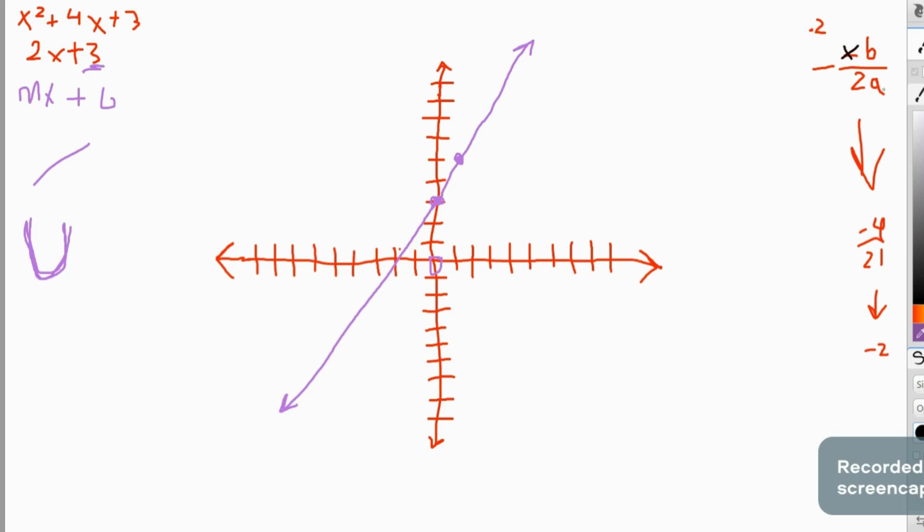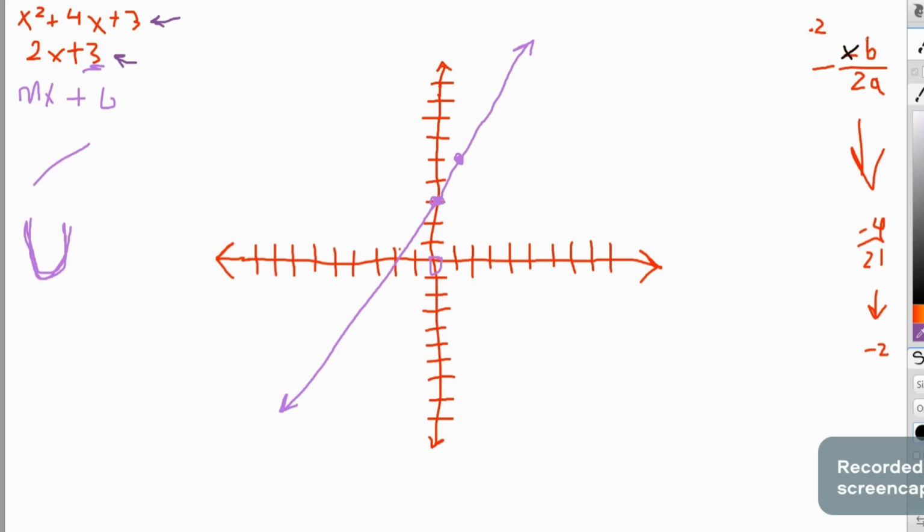When we do negative b over 2a, we're plugging in these numbers, and not these numbers. Why these numbers? Let me explain. It's because we're specifically graphing our parabola. This one is going to be our parabola, and this is our line. So we want to use this one, not this one, okay?